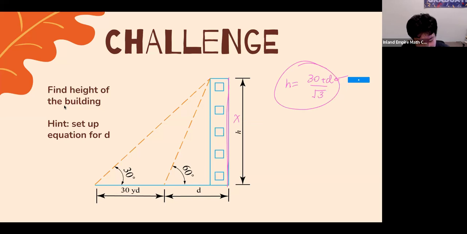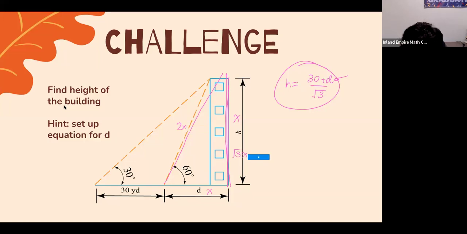Well, we can set up another true equation with this second triangle here, which is our 60-degree triangle. For this, we know that our smallest length is d. So in this case, d serves as our x. Our hypotenuse, again, is 2x, and our height is root 3x.